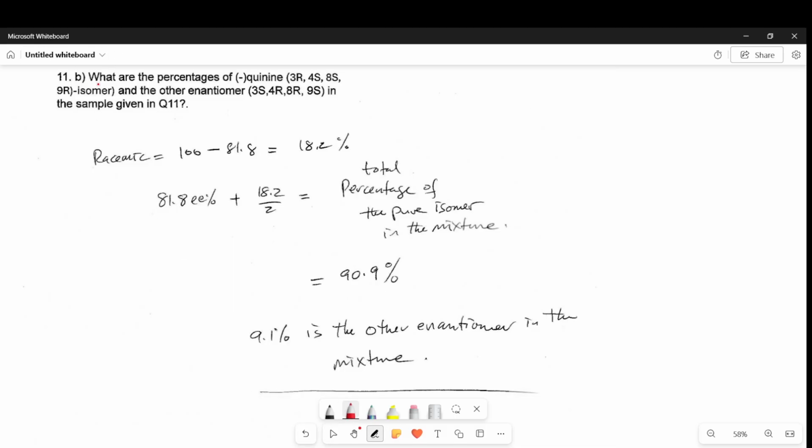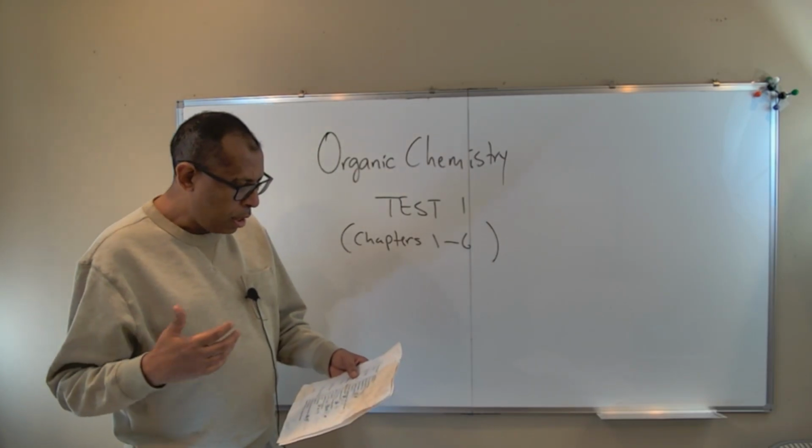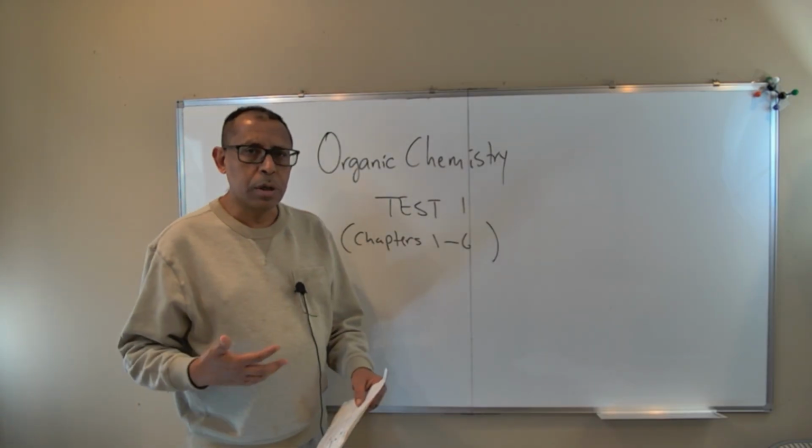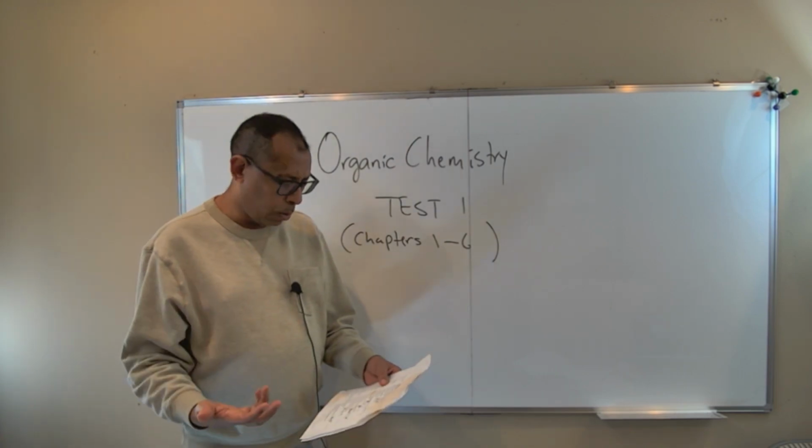In acids and bases, factors that affect acidity, acid-base equilibrium, reactions, and identifying conjugate acids and conjugate bases. In functional groups, you are required to understand intermolecular forces, solubility, and so on.